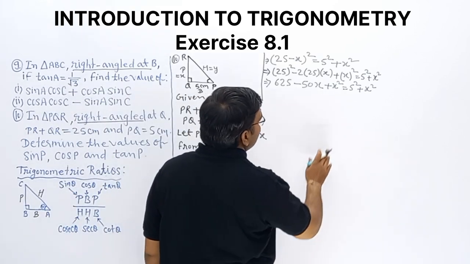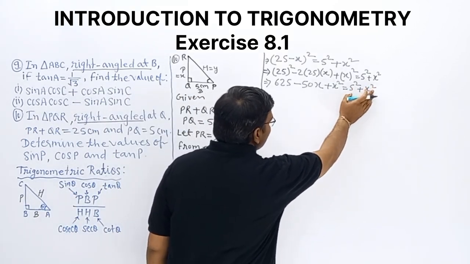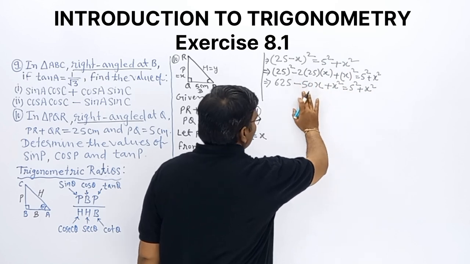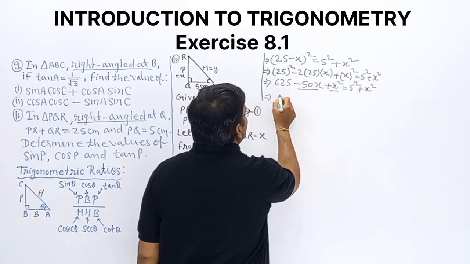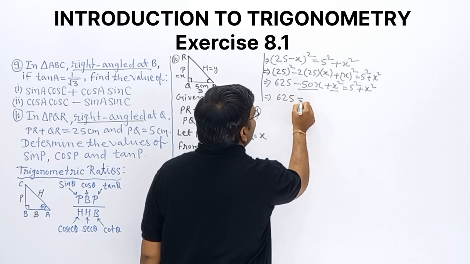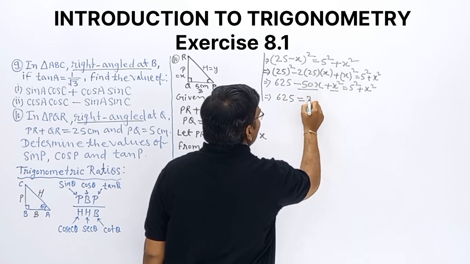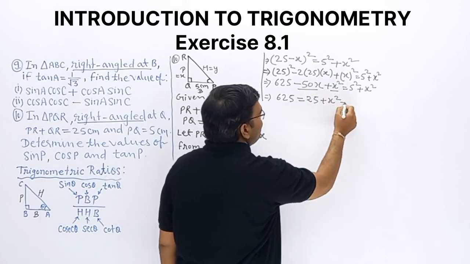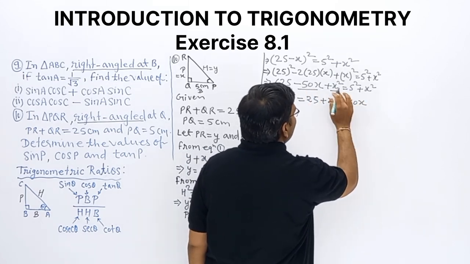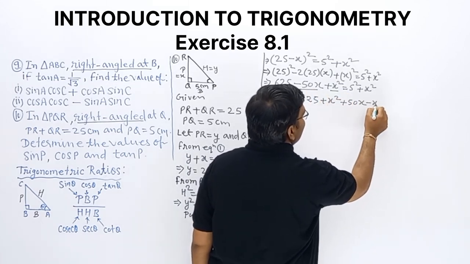Now what will we do? We will transpose these terms, not this. I am transposing both towards the right. 625 equal to what? 5 square is 25, plus X square, and this will be plus 50X, and this will be minus X square.